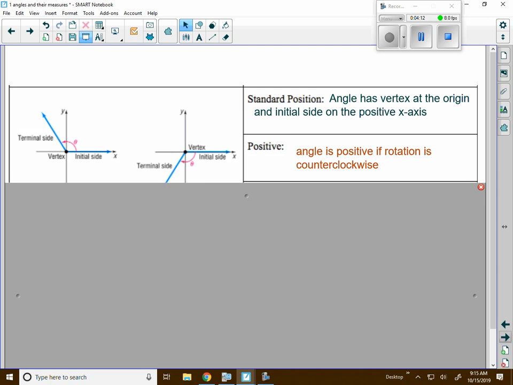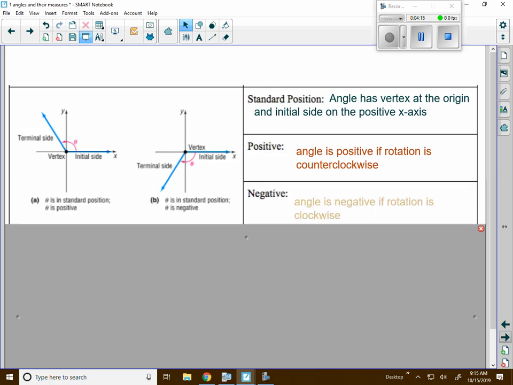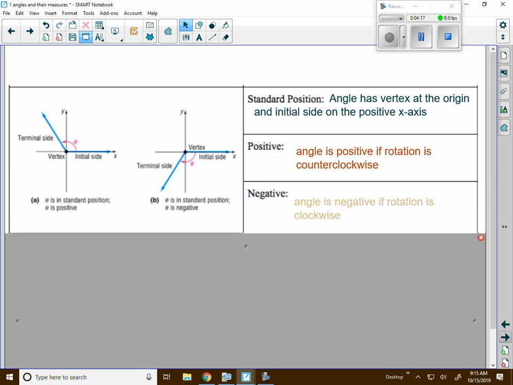If an angle is negative, it's an angle that's drawn clockwise. So we start here at our initial side, and we go down, or we go clockwise.